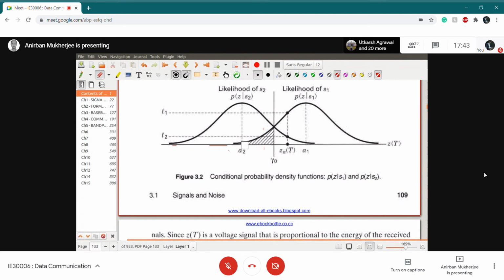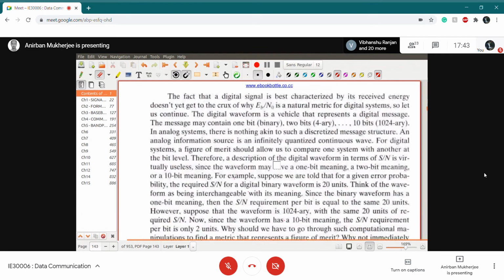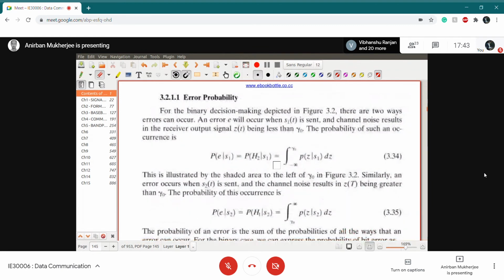So these we are going to discuss, the error probability. An error will occur when S1 is sent and channel noise results in the output Z(T) being less than gamma 0. Actually S1 is sent and you have to detect S1.